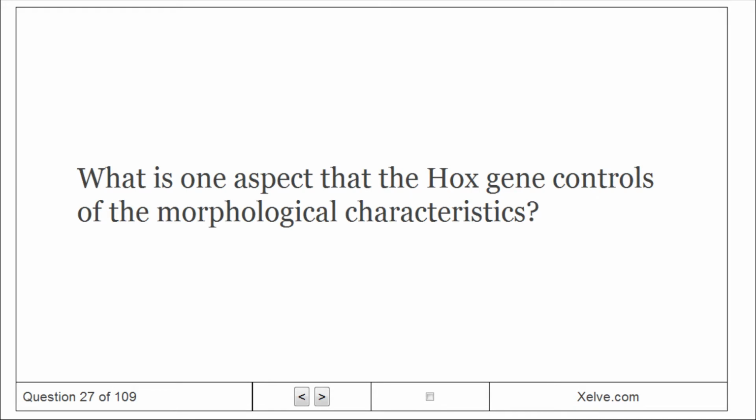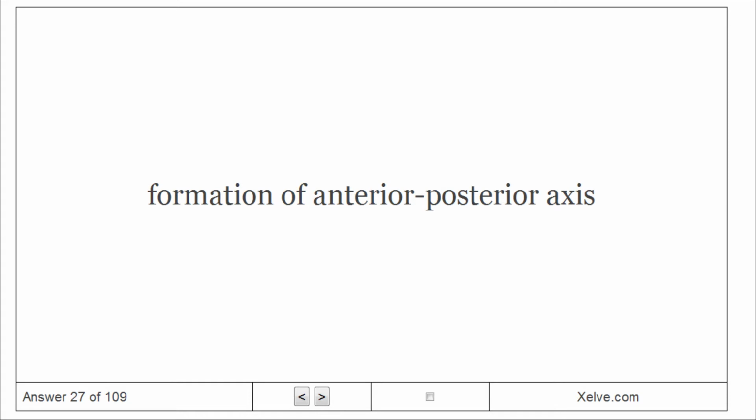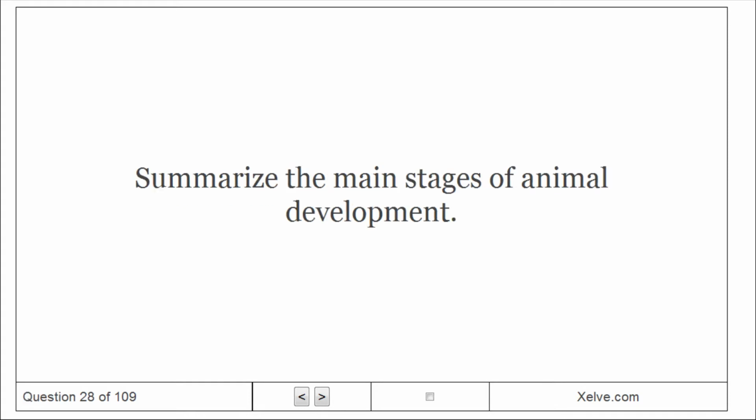What is one aspect of the morphological characteristics that the Hox gene controls? Formation of the anterior-posterior axis. Summarize the main stages of animal development.